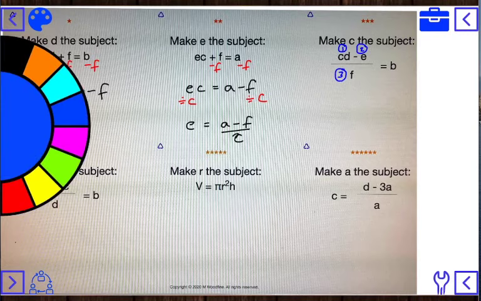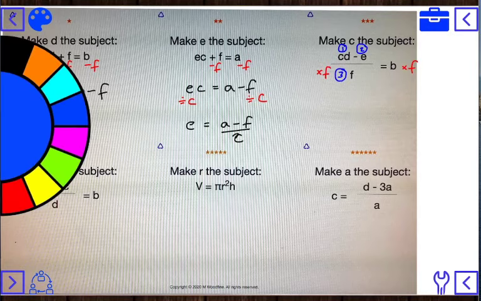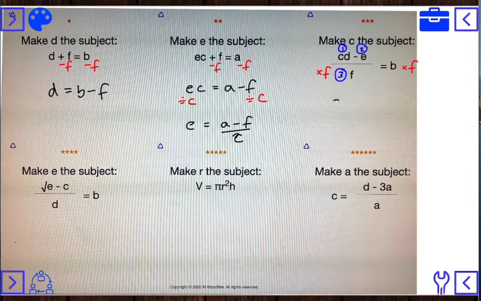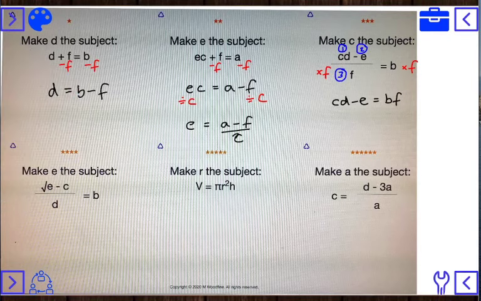So I now need to undo each of those. So I'm going to times both sides by F, and this will then mean that I've got just the numerator. So I'll get BF as being equal to CD minus E. I now need to add E to both sides.